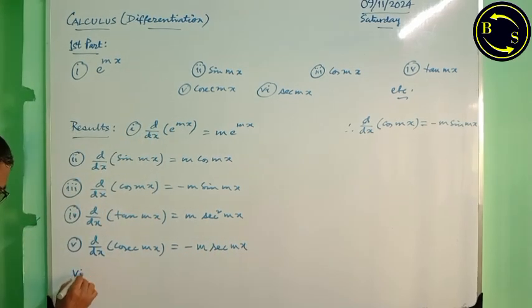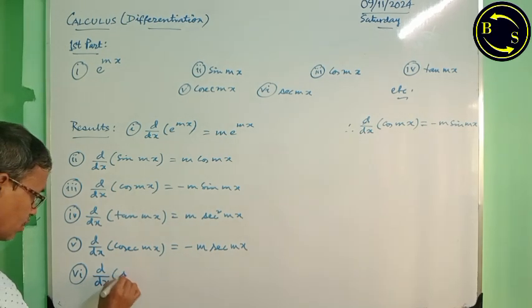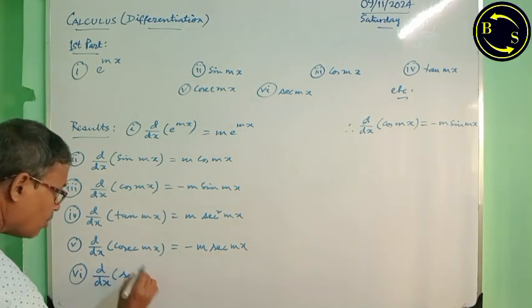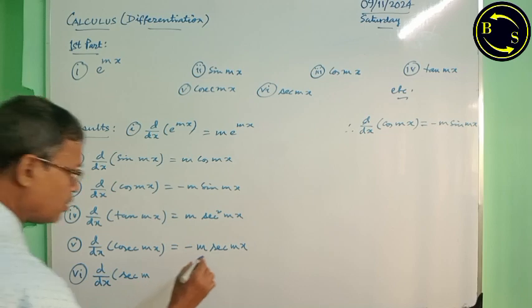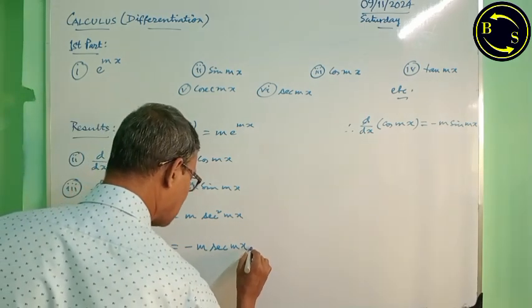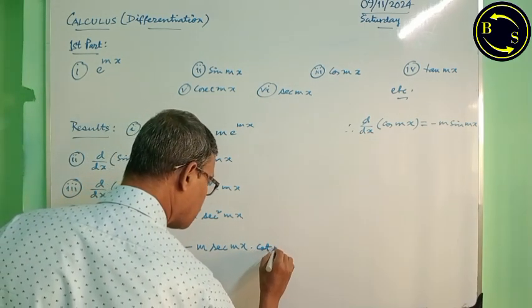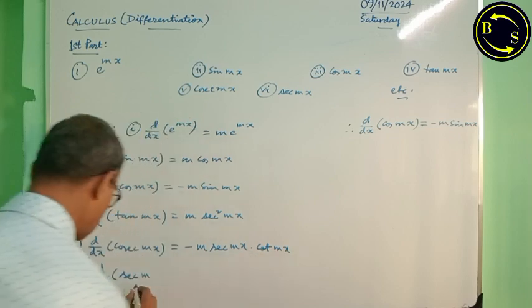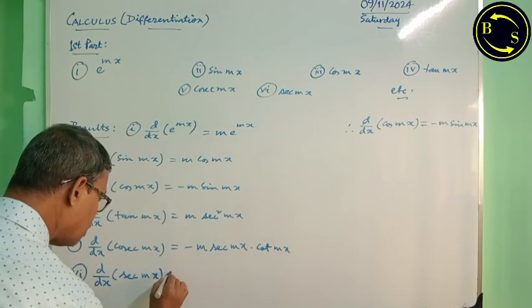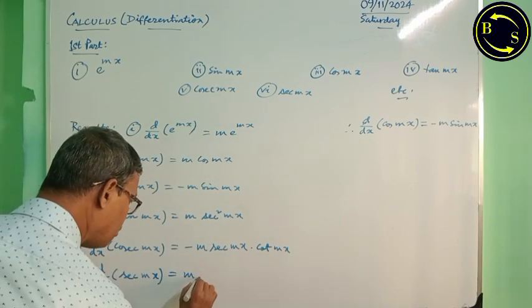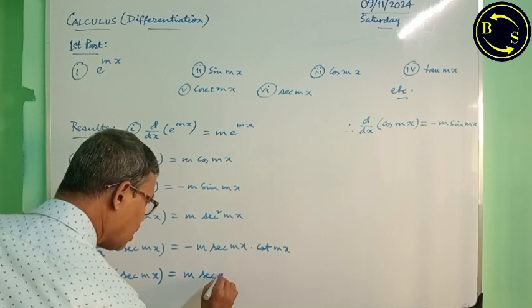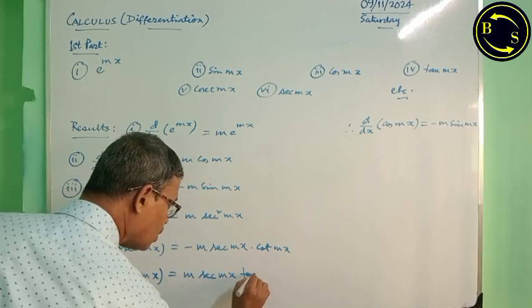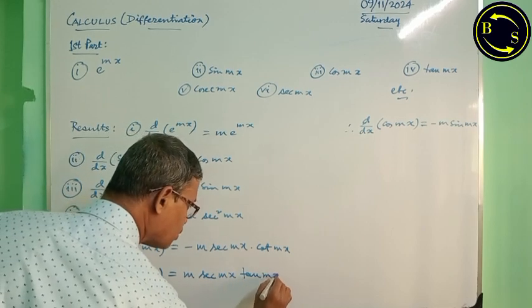Number 6, d/dx of sec mx, that will be equal to m sec mx tan mx.